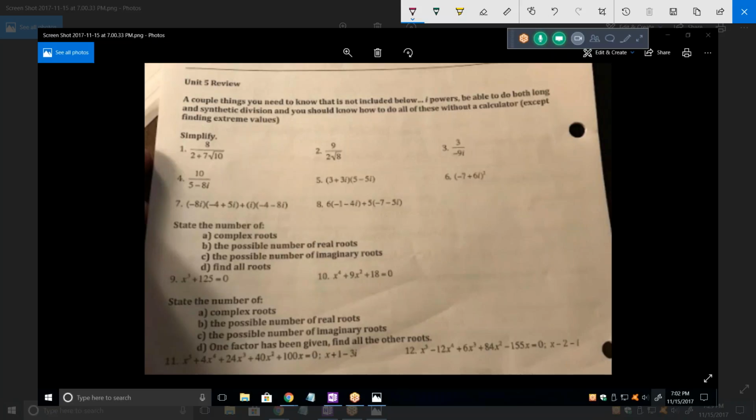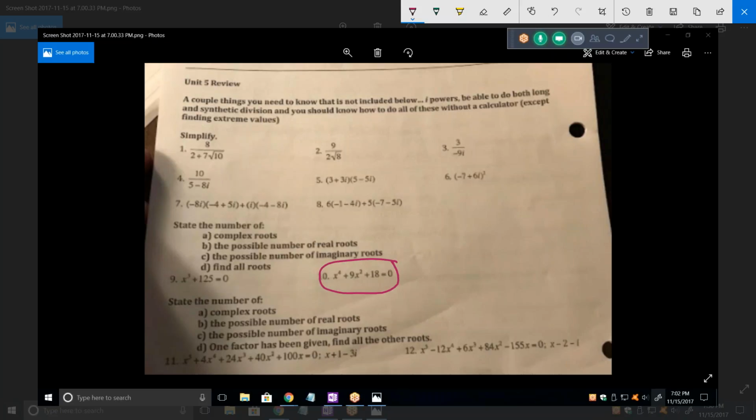Let's see, we got 3 and 4. Is this a quadratic in disguise? Yes, it is. Do you know what I mean by a quadratic in disguise? Kinda. This is a quartic.